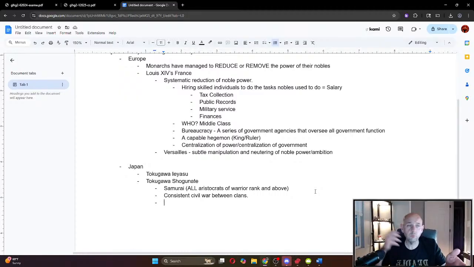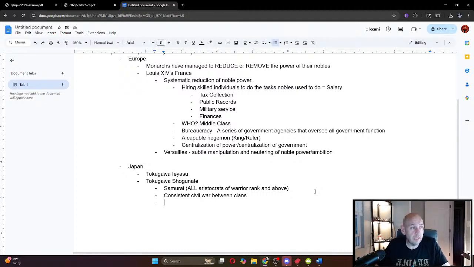This clan would war with that clan with the soft permission of the shogun on top, who didn't have any real ability to stop them. Tokugawa is going to change all that, but for previous shogunates, that had been true. In both medieval Europe, France being our example, and medieval Japan, you had the aristocratic warrior nobility running their own affairs and the rulership having very limited control over what they could actually do.